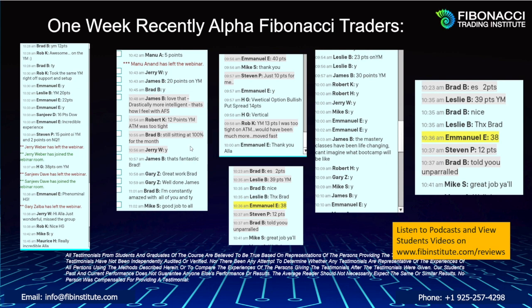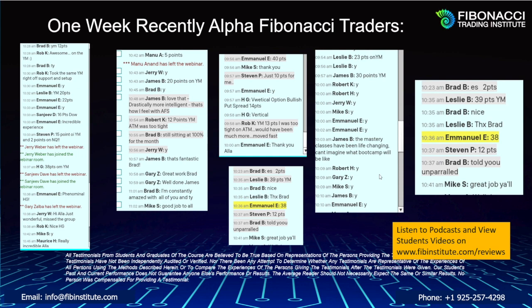Jerry, as you will see his email in this webinar, had been incredibly skeptical, spent over 100K before he came to the Alpha Fibonacci System. Jerry brought his friend Steve to the course. As you can see, this is the camaraderie of traders. This is what's possible if you remove all the noise, if you unblock your vision.